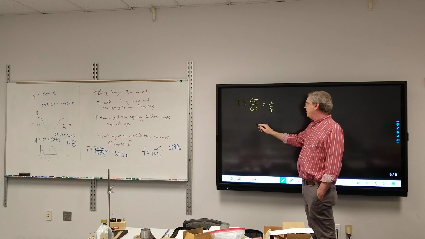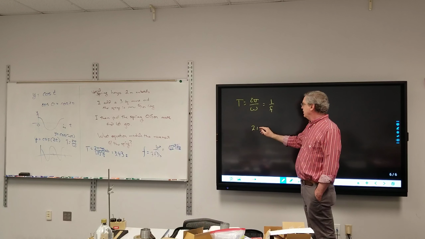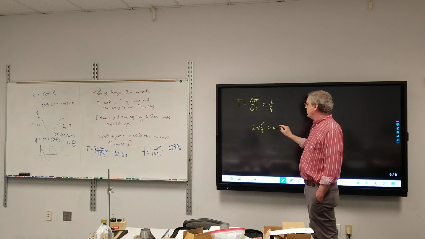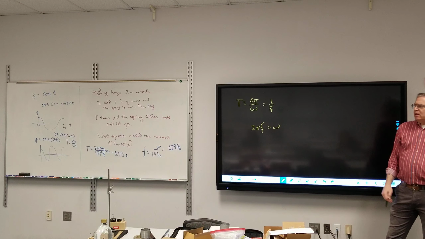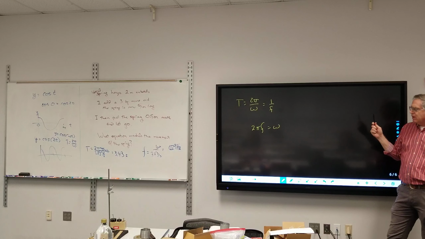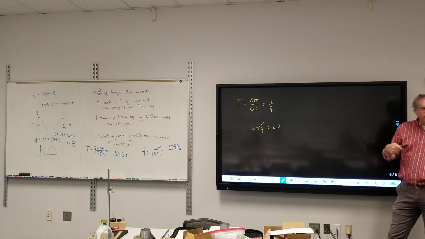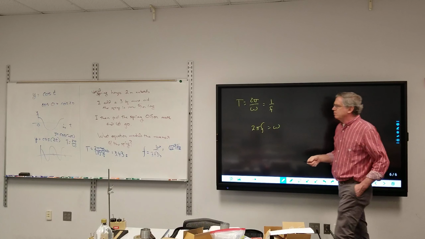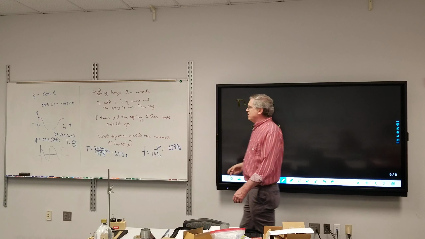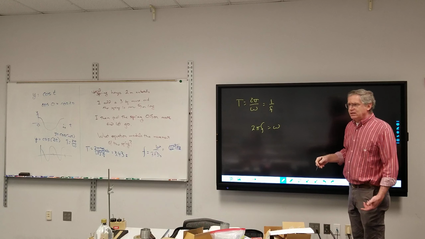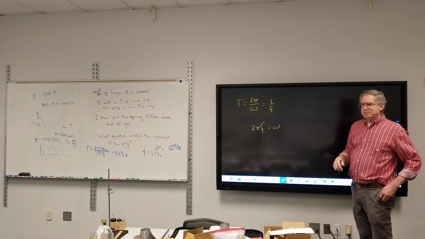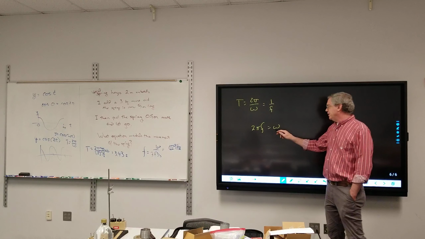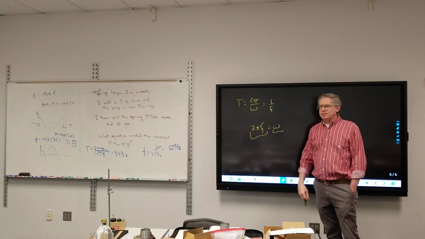Cross multiply, and I get 2 pi times the frequency is equal to omega. Your book, when it does the generic equation for the oscillation, does not do cosine of omega t, it does cosine of 2 pi f t, and just uses that instead.